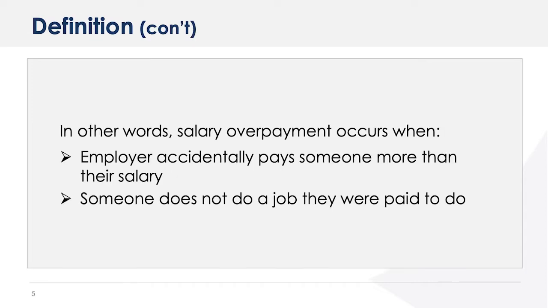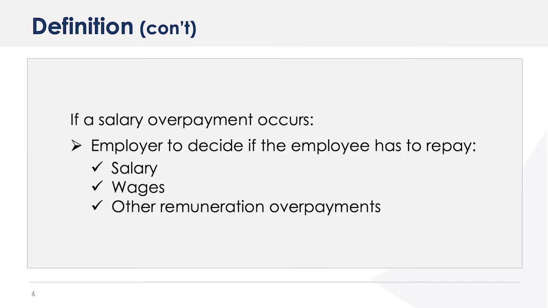In other words, a salary overpayment occurs when an employer accidentally pays someone more than their salary, or when someone does not do a job they were paid to do. If there has been a salary overpayment, the employer decides if the employee has to repay some or all of the salary, wages, or other remuneration overpayments.